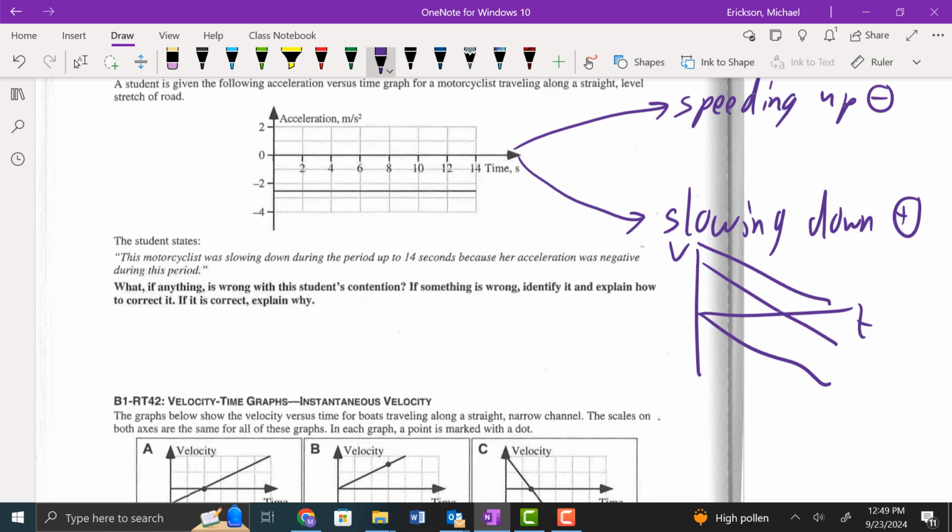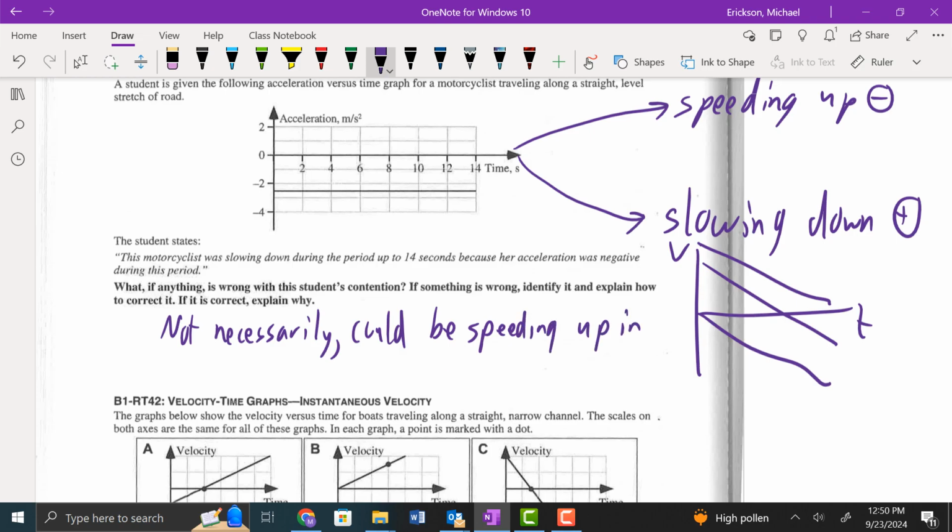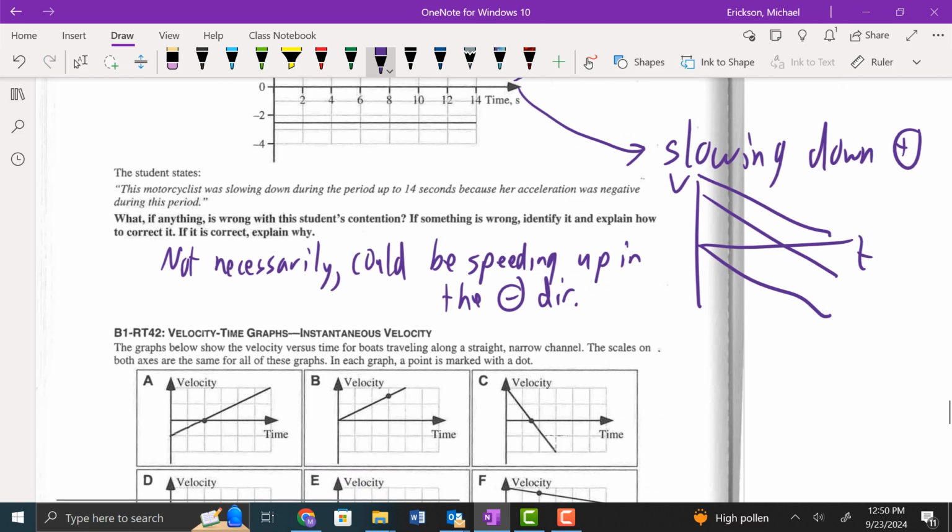So my answer is not necessarily. Could be speeding up in the negative direction. So if I just had to poke a hole into their argument, not only could they be slowing down in the positive, they could be speeding up in the negative.